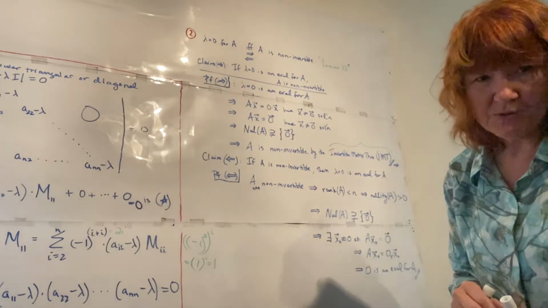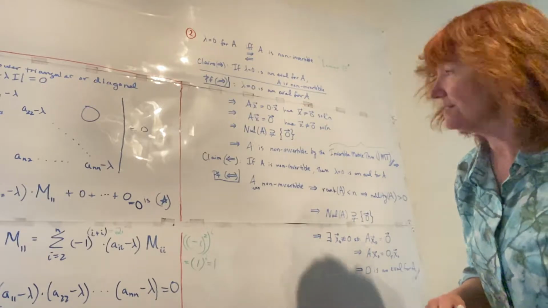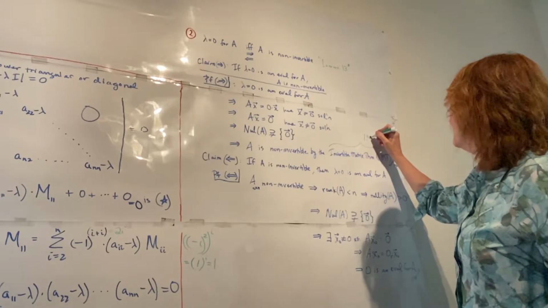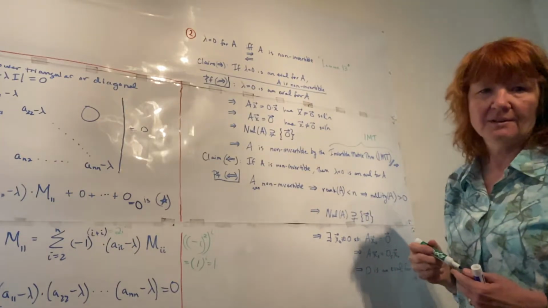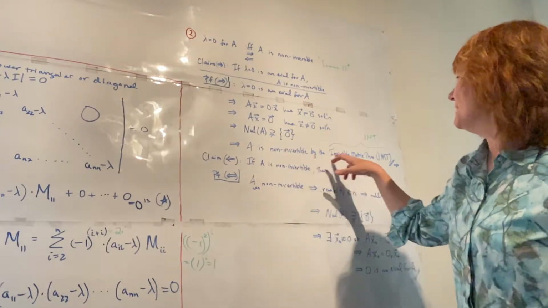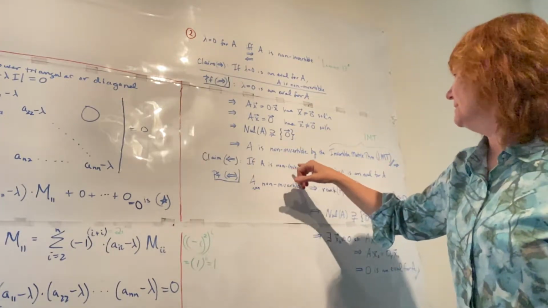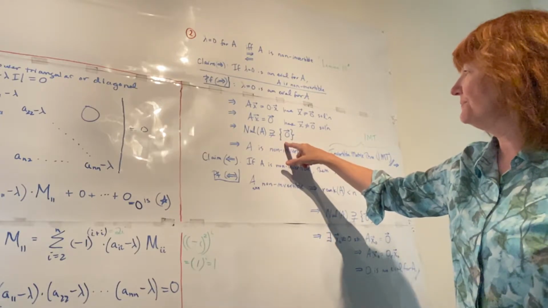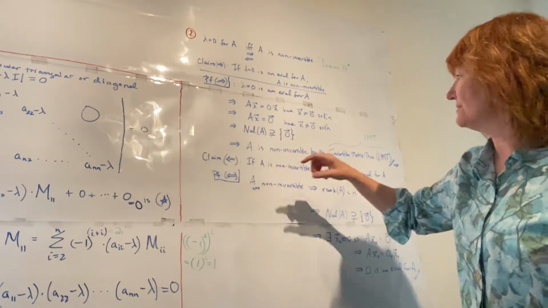Many of our lemmas 1 through 11 were involved in that. Your book likes to refer to this as IMT at this point, and so we will as well. So by the invertible matrix theorem, since the null space is non-trivial, the matrix A is non-invertible.